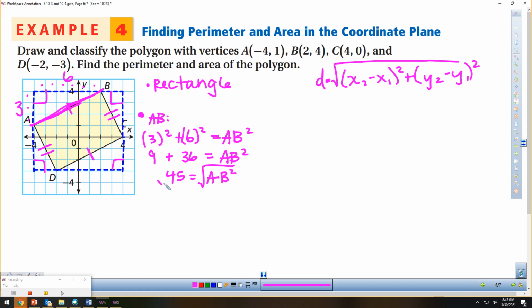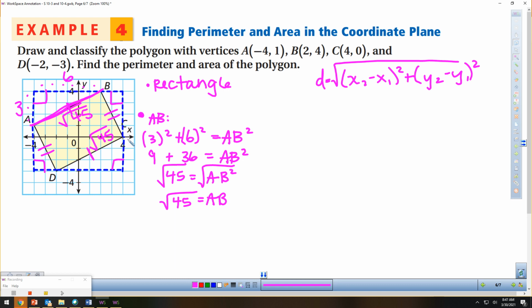So you take the square root of both sides to find that the length of AB is equal to the square root of 45. And again, because it's a rectangle, that means opposite sides are congruent, which means I now know that the length of DC is also the square root of 45.